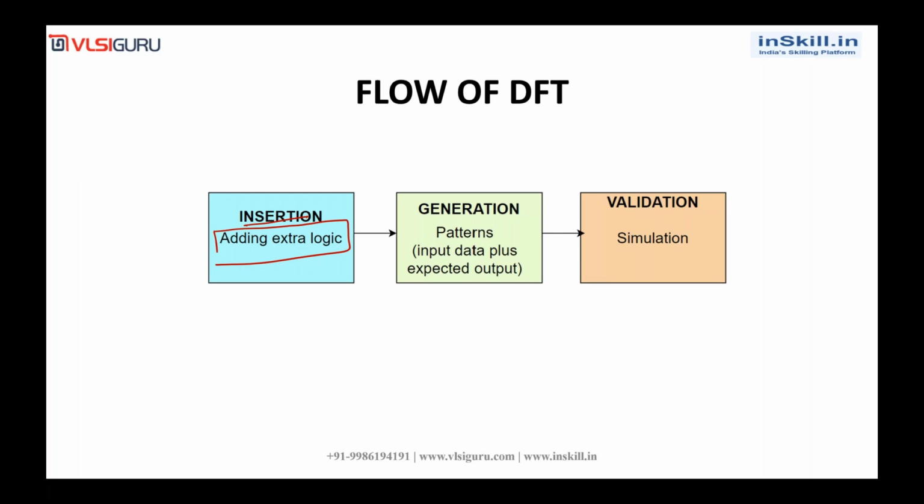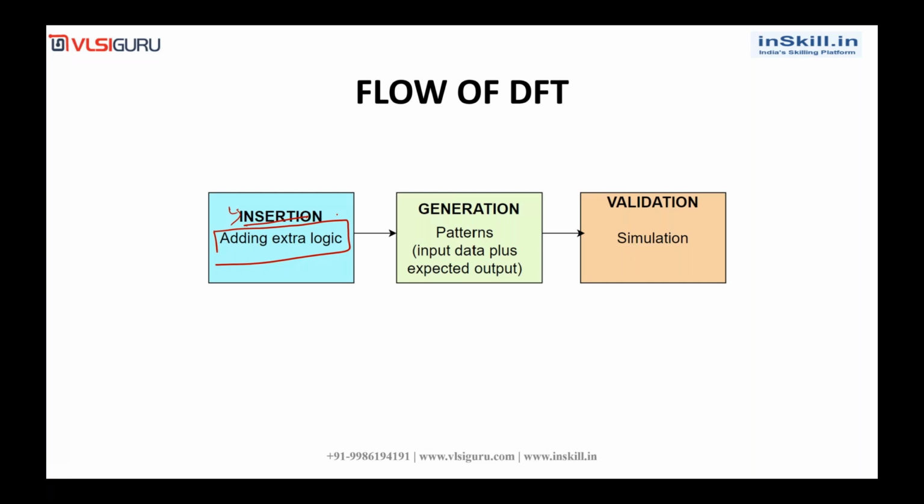DFT engineers insert some test structures into the design during the pre-silicon stage, that is before manufacturing, to help the detection of manufacturing defects in the chip. If a particular chip fails after manufacturing, we will be able to tell what manufacturing defect has actually caused the chip to fail. So insertion is nothing but the addition of that extra logic.